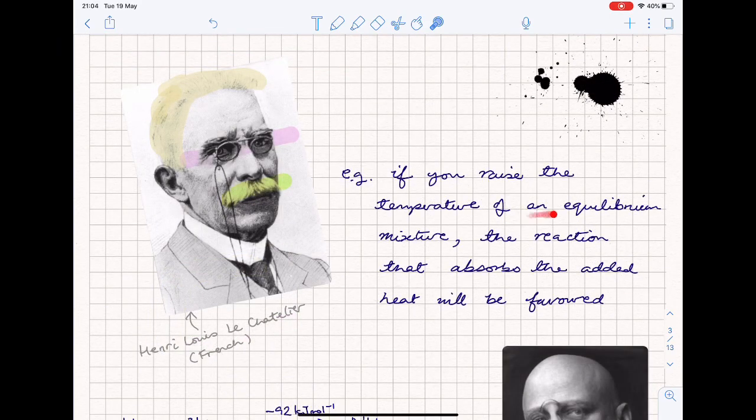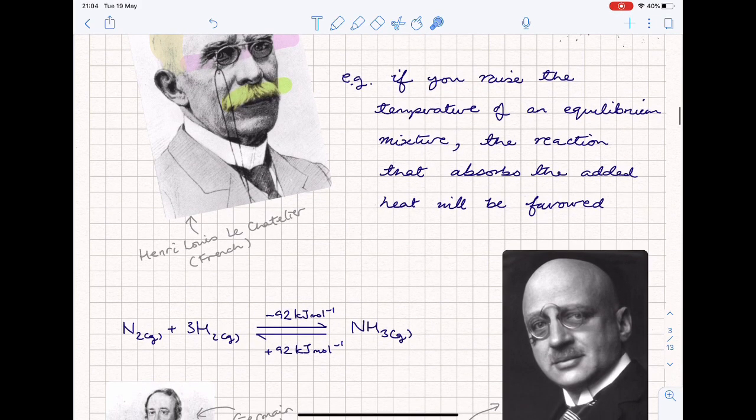So if I've got an equilibrium mixture and I raise the temperature of this equilibrium mixture, let's say I've got the mixture in the Haber process, which is a mixture of three gases to make ammonia, and I raise the temperature of this mixture. If one of the reactions, either the forward or reverse reaction, is able to absorb the added heat, then that reaction will speed up compared to the other reaction.